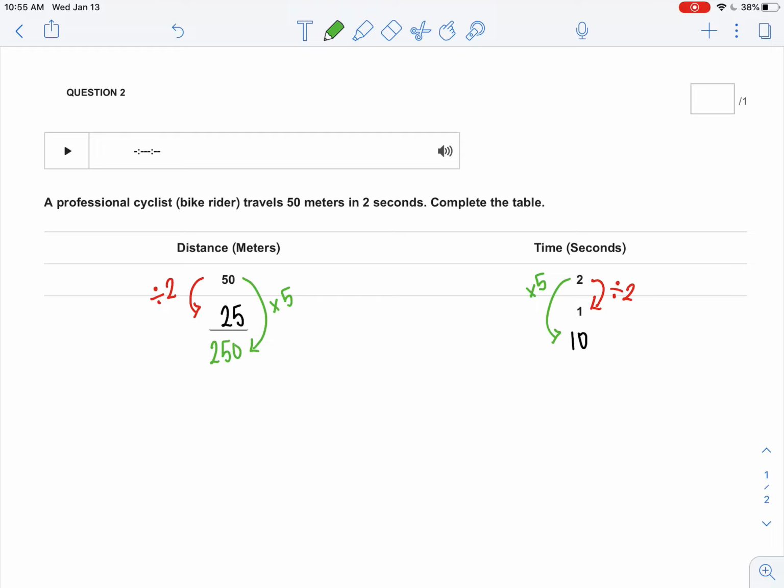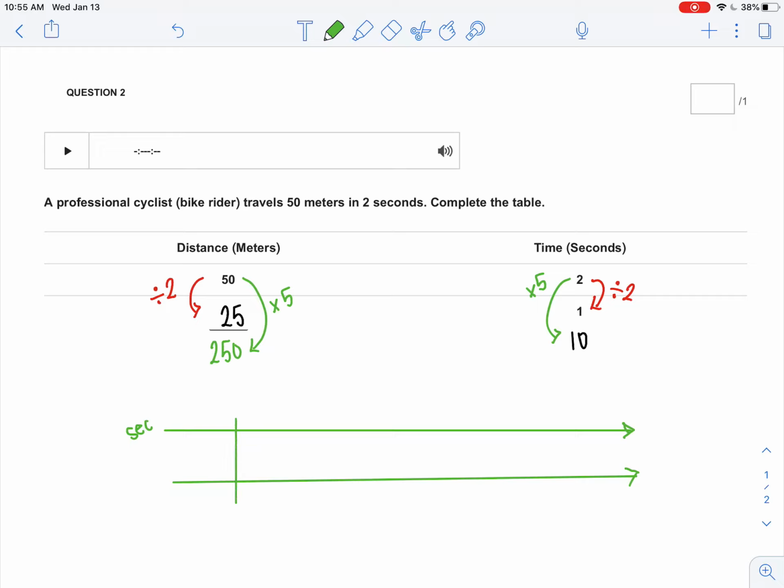Now, when you think about what this means, it makes a whole lot of sense, because if you were looking at a double number line, you would know that after 2 seconds, the cyclist has traveled 50 meters. I'm going to add in my seconds and my distance in meters, time in seconds.